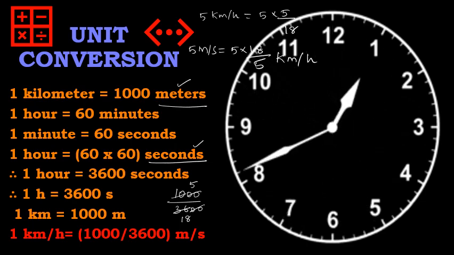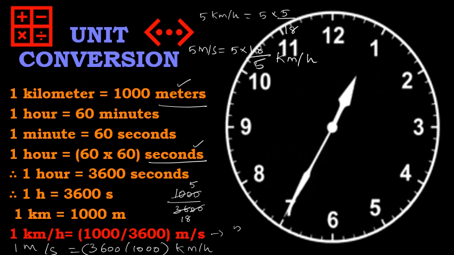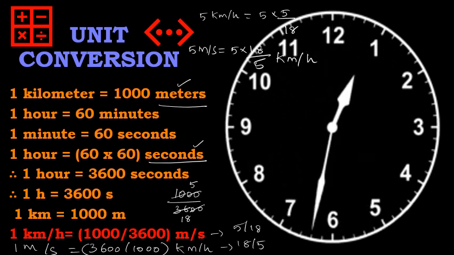Kilometer per hour to meter per second is 1000 by 3600. If it is 1 meter per second in terms of kilometer per hour, it is 3600 by 1000, which can be reduced to 5 by 18 in one case and 18 by 5 in the other.